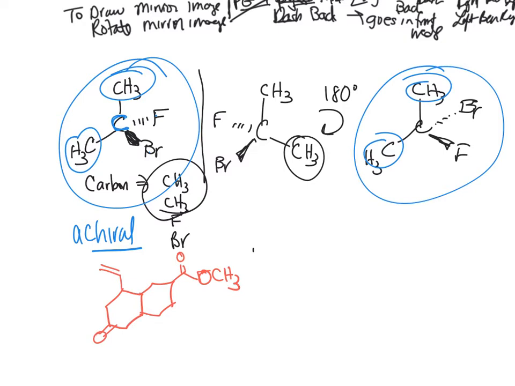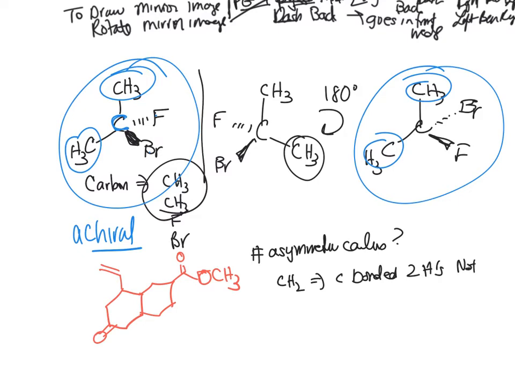You might get a question, how many asymmetric carbons? Well, let me just tell you, CH2s, that carbon is bonded to 2 hydrogens, so that's not asymmetric. What about CH3? We're just looking at carbon.